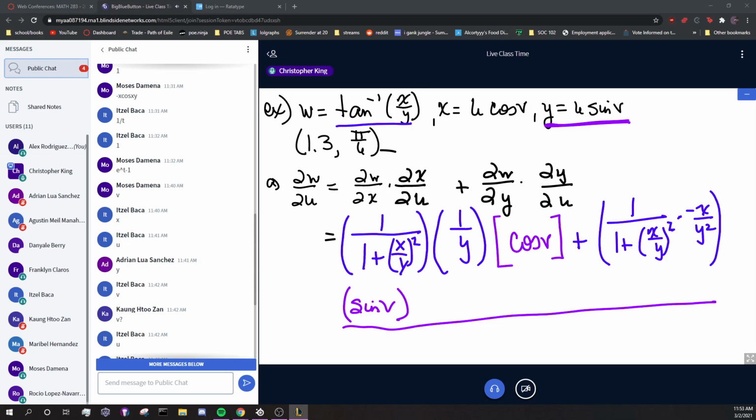So if I look at this one and do the partial of W in respect to U, evaluate it at the point 1.3 comma pi over 6. If we plug that in, we're going to end up with what crazy stuff.